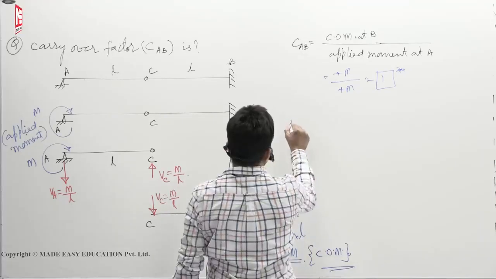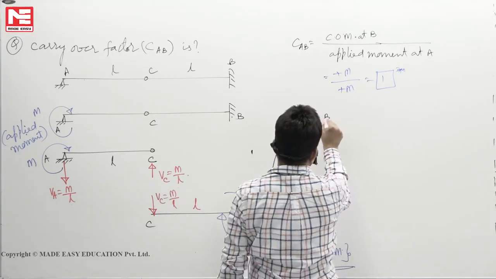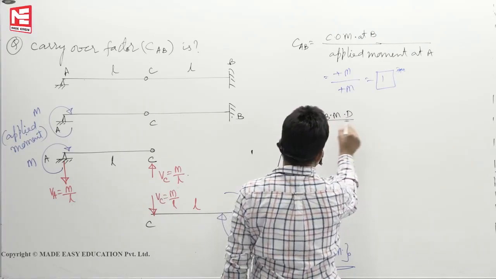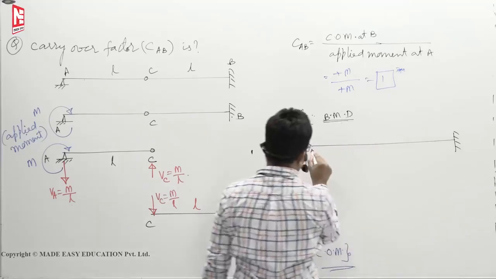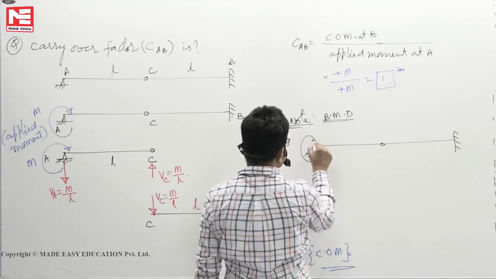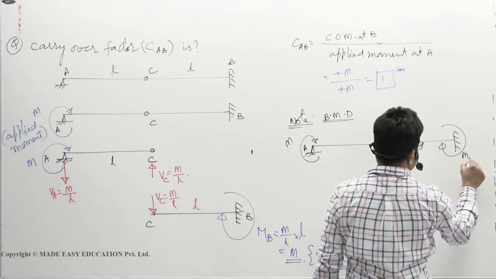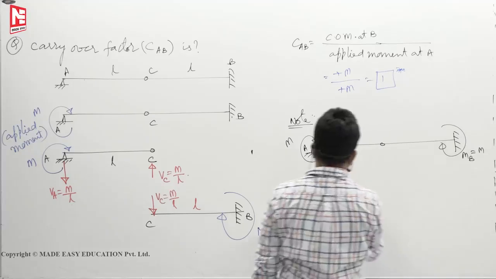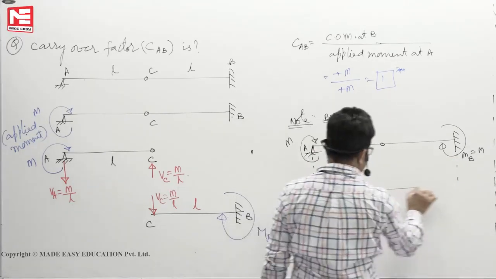See, if at all you draw the bending moment diagram, that bending moment diagram will go something like this. Though all of you have known, I am just giving you that point. This is M, MB is also M. So when you draw the bending moment diagram, it will go something like this.